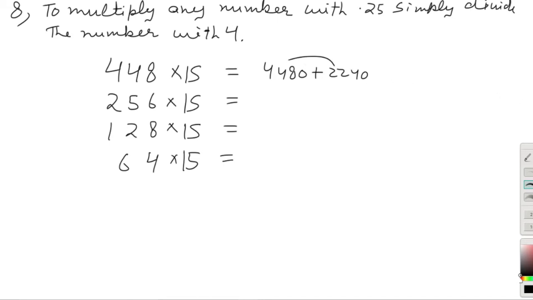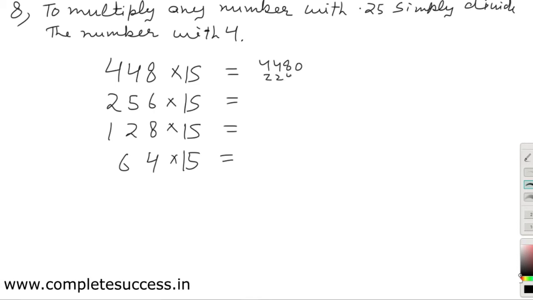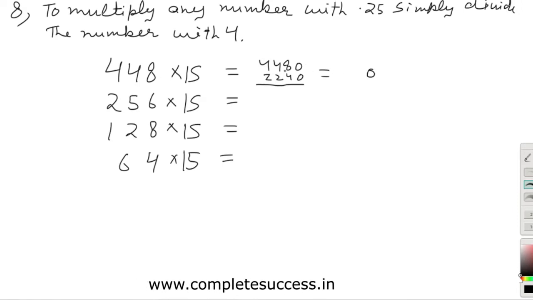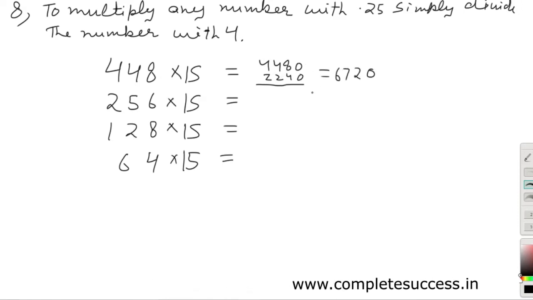Is it clear? I'll again define. If we multiply 448 with 15, we do 4480 plus half of this number, 2240. Add this value, you will get your answer. That is your answer.